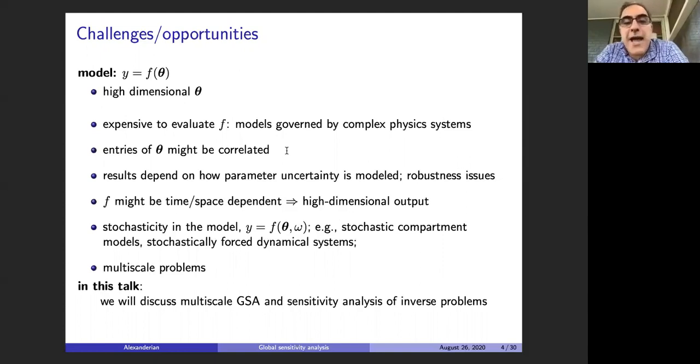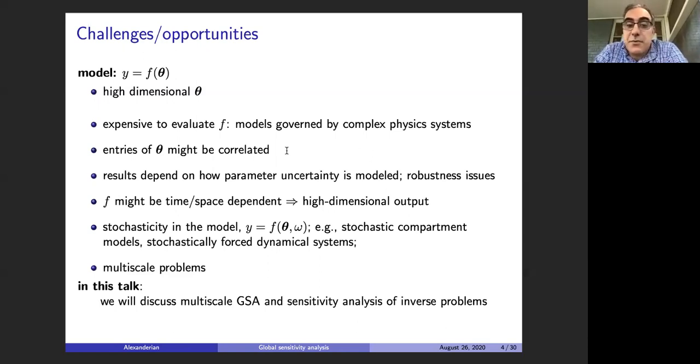You could also have stochastic models where there is parametric uncertainty, but you're also working with a stochastic simulator, so there's some intrinsic randomness in the model, such as stochastic compartment models, chemical systems, which we will discuss in a minute, stochastically forced dynamical systems, and so on. A lot of interesting situations arise where you work with multi-scale problems, defined at different scales.